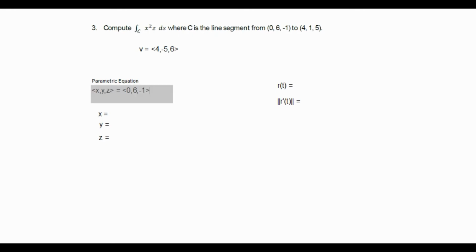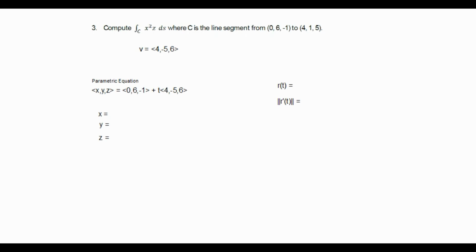And now the way we obtain the parametric equation is to add a function of t with the vector we have over here. So that will be 4, -5, sorry, and 6. Okay, and there you have it.